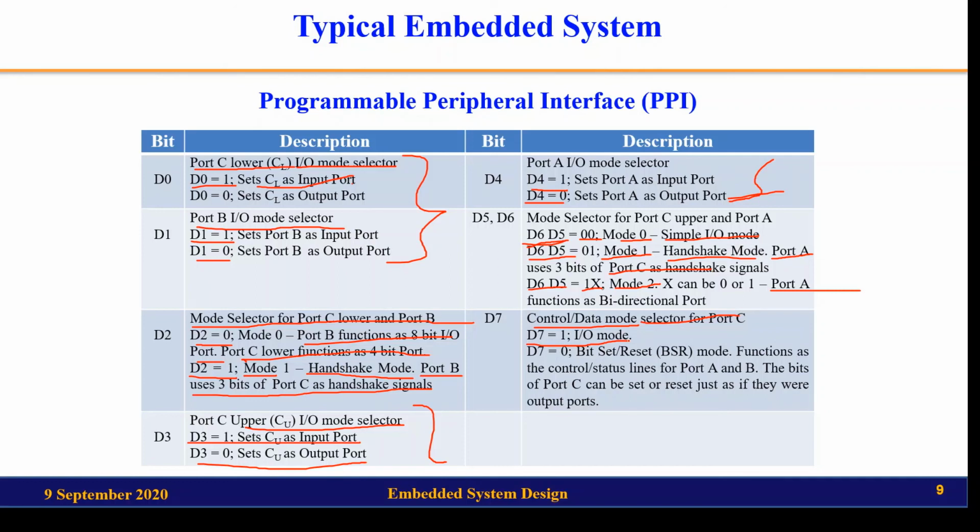Here port A and port B can be used as normal ports, and the port C individual pins can be used as IO pins, that is input pin or output pin. That means you can use PC0, PC1, PC2 up to PC7, and each pin can be set as input or output individually. So that is about the BSR.